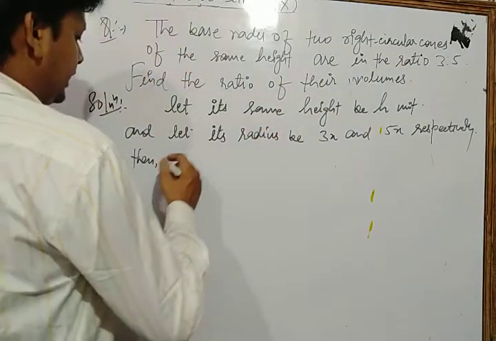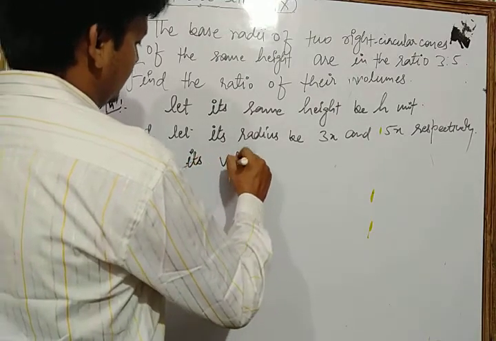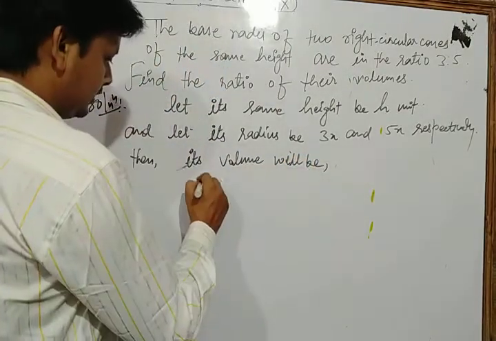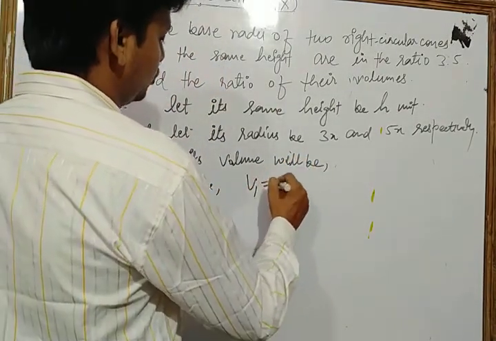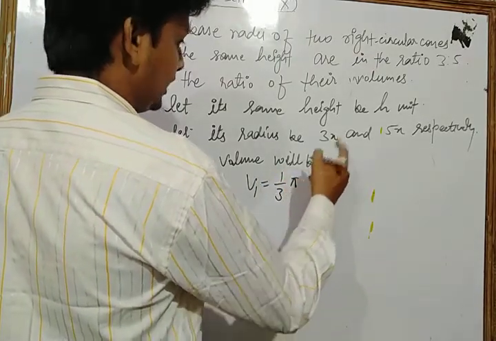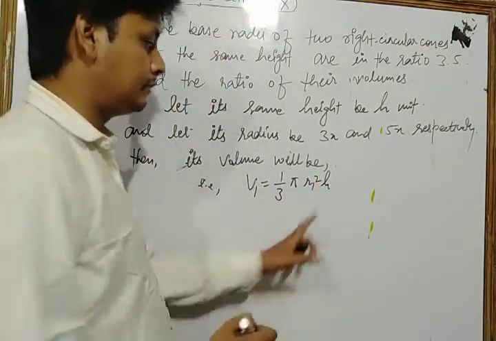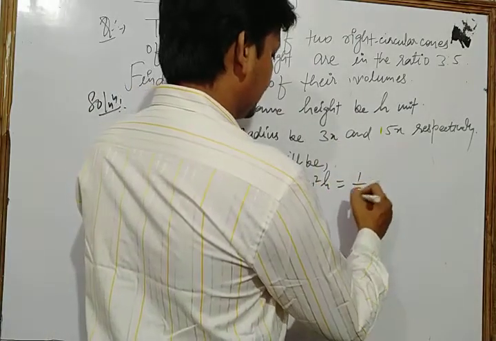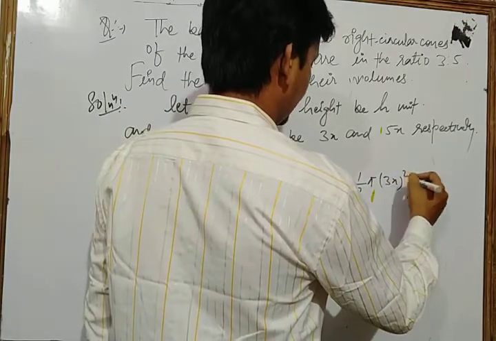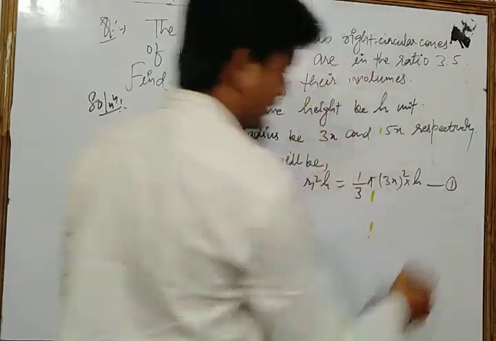Then the volume will be V1 is equal to 1/3 pi R1 square h. Because the height is same and R1 is 3x, so here we put 1/3 pi (3x) square into h. Take this as equation number 1.